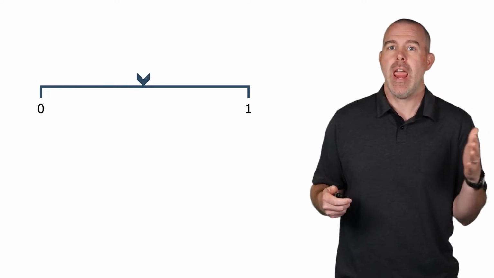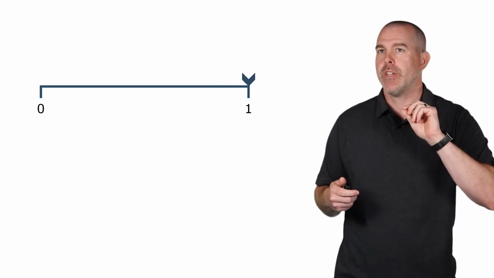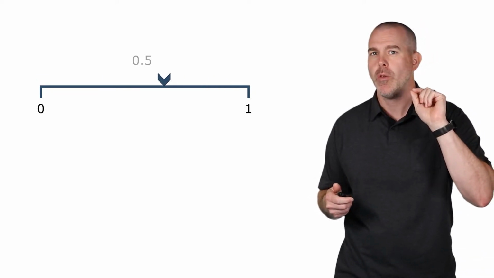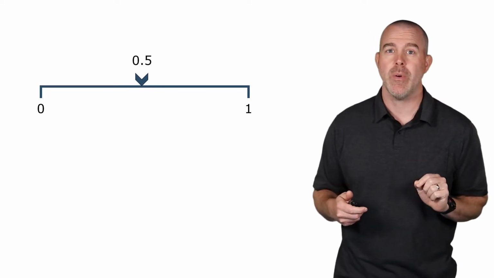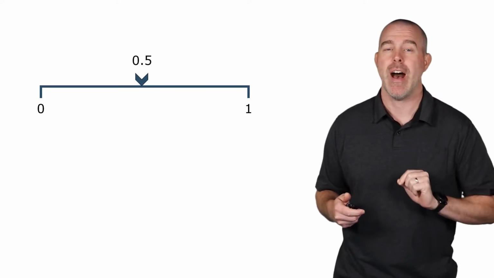All right, let's say we have a random variable. In fact, let's say we're looking at a random number generator, and we're generating a random number between 0 and 1. Any number between 0 and 1. So our number could be anywhere in this interval. Let's look at some probabilities. What if we want to know the probability that our randomly generated number is exactly 0.5?